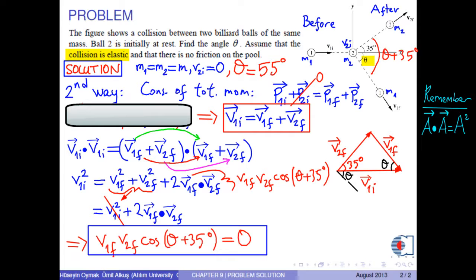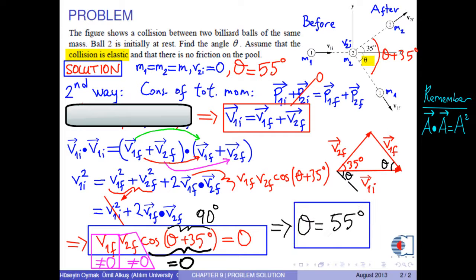Finally, we get this result. v1f and v2f cannot be 0, so the cosine term is 0. Cosine 90 degrees is 0, so theta plus 35 degrees is 90 degrees, from which we get theta as 55 degrees. As you see, this method also gives the correct result.